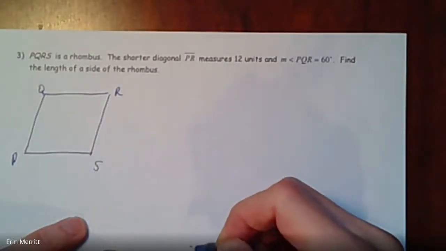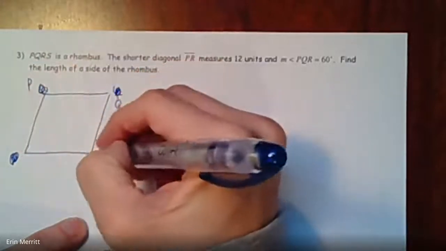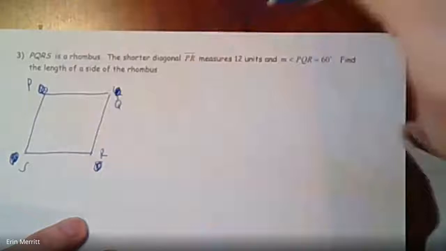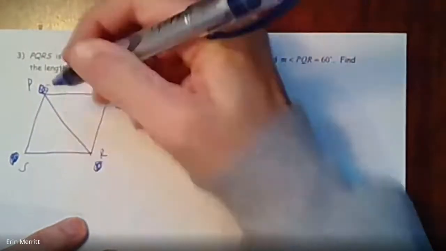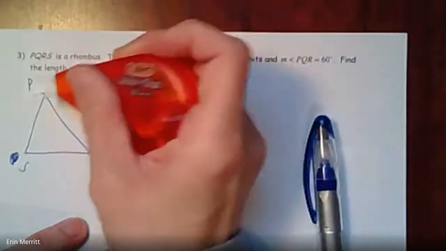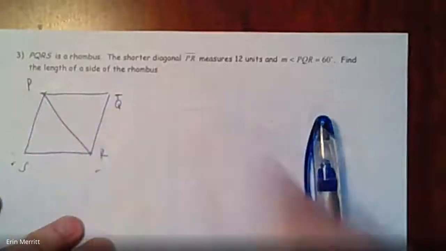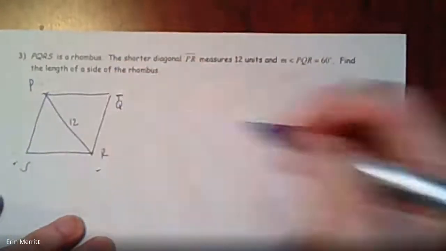This is the shorter diagonal PR. Okay, well guess what? Let me fix these. So I'm going to go P, Q, R, S. So that PR is the shorter diagonal. All right. And now if you have an eraser, erase it. I have white out, so I'm going to, ta-da, like it never happened. All right. So the shorter diagonal is 12.